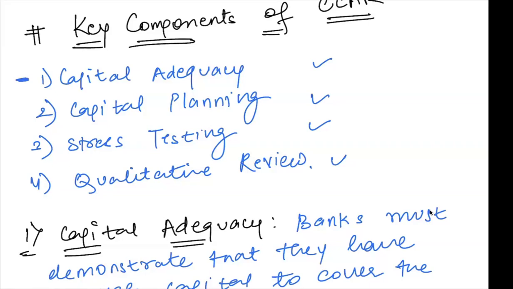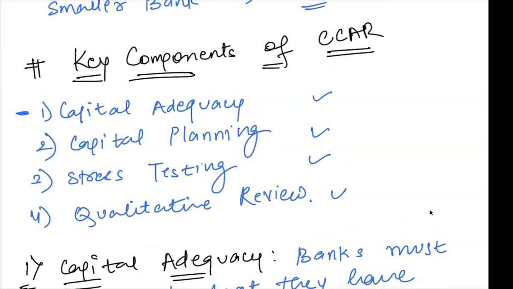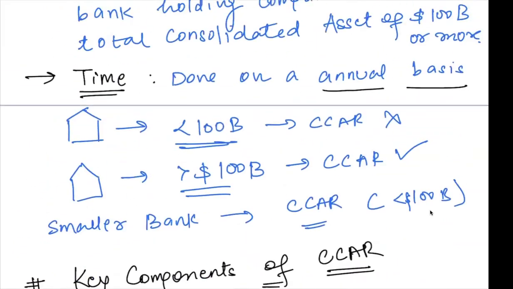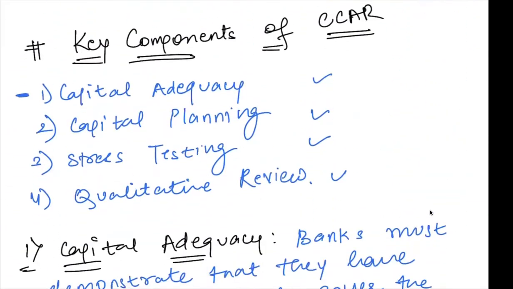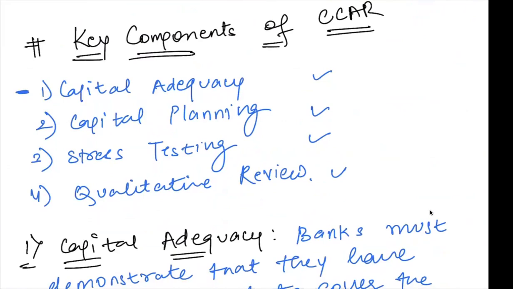Mehul, I understand the Fed is the one who usually gives us the scenarios, right? The adverse scenarios or the baseline scenarios. So is the CCAR test done by the internal team in the bank, or does the Federal Reserve itself conduct it? No, they'll just give you the hypothetical scenarios for stress testing.